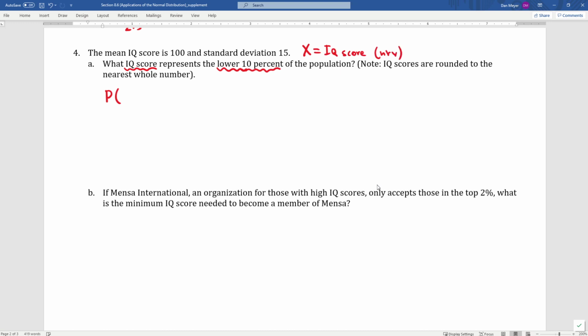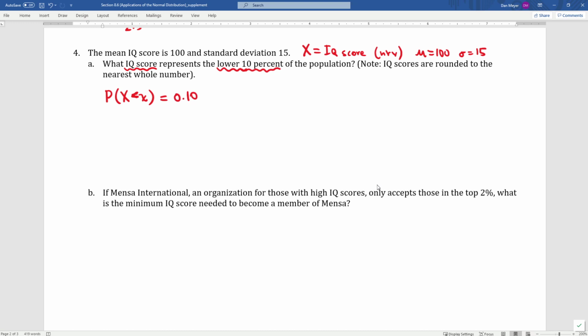Again, the problem tells us that it's normally distributed with a mean of 100 and a standard deviation of 15. And there is some IQ score, little x, where the probability that a score is less than that is 10%, or 0.10. They're asking us to find out what that score is.